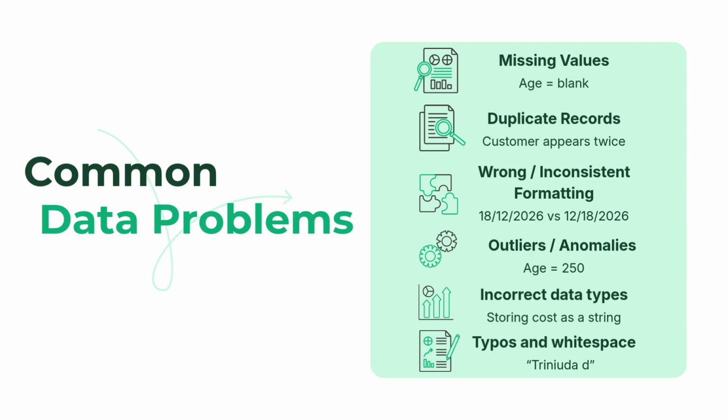Sixth, incorrect data types. For example, the cost of a stock item stored as text instead of a decimal number. And finally, typos and white space. Spelling mistakes or mislabeled categories, for example, the word Trinidad might be spelled with swapped letters and an extra space. Keep these in mind as we move into how we can actually fix them.